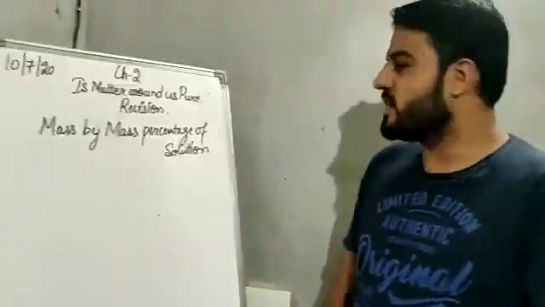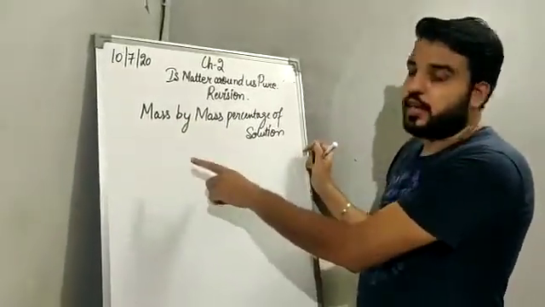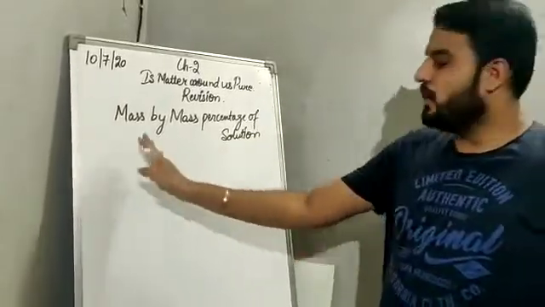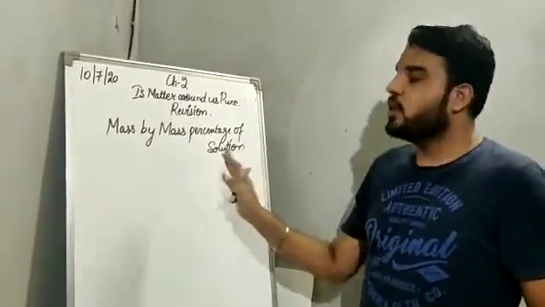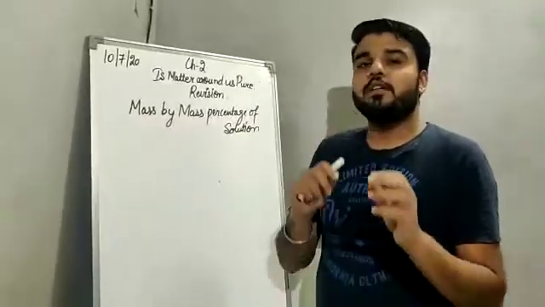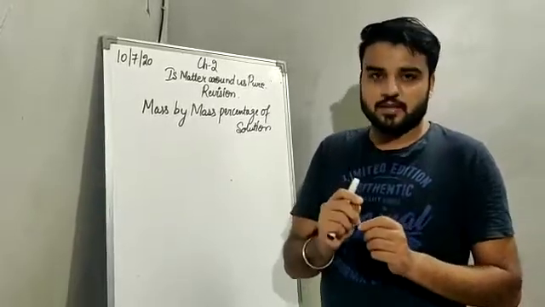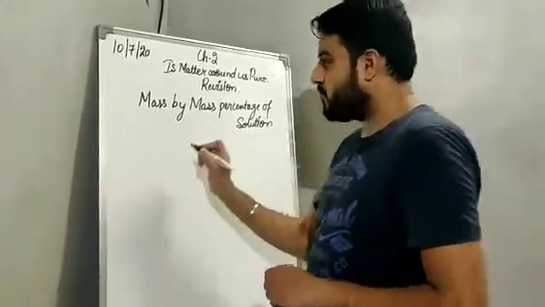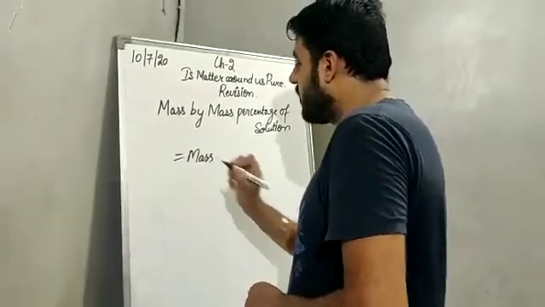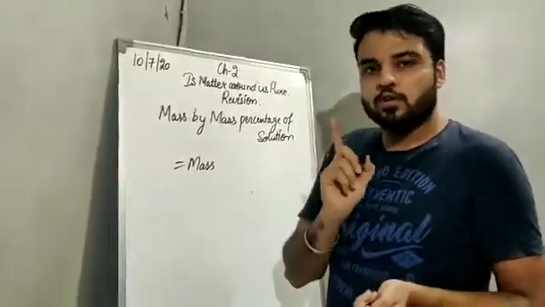Now let us understand the first type of expressing the concentration, that is mass by mass percentage of solution. How do we calculate mass by mass percentage? As the name suggests, mass by mass, we will be taking the amount in terms of mass. We know concentration is the amount of solute upon amount of solution.